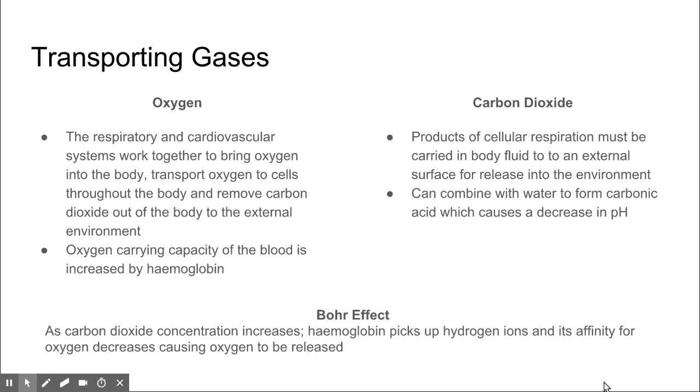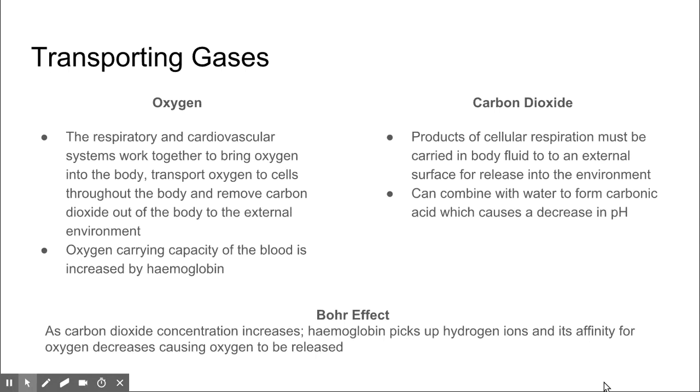So oxygen is important, obviously, for our cells to ensure that we can complete respiration. And we know that the oxygen carrying capacity of the blood is increased by the presence of hemoglobin. Carbon dioxide is a product of respiration, and it must be carried to an external surface for release into the environment. Otherwise, it can form carbonic acid, which causes the pH to decrease. And we know as pH decreases, it causes our blood to become more acidic, which can be quite harmful to us.